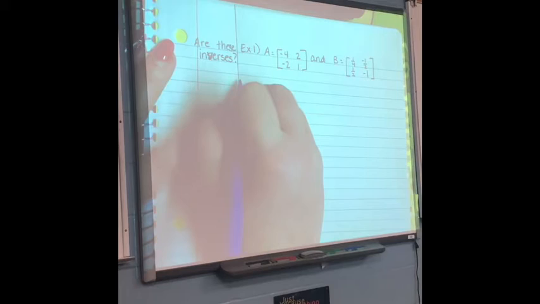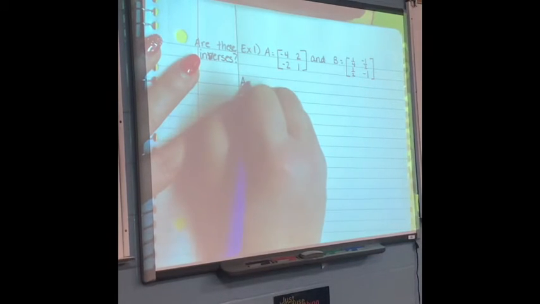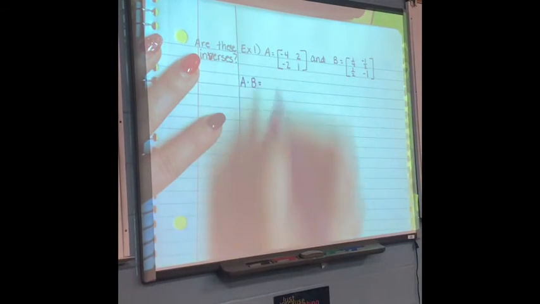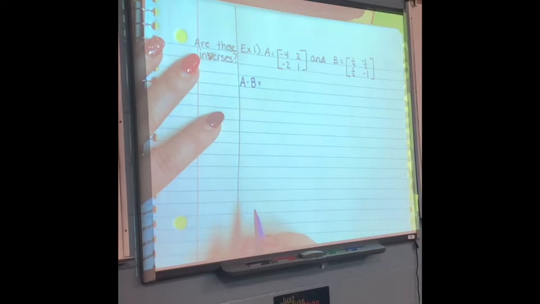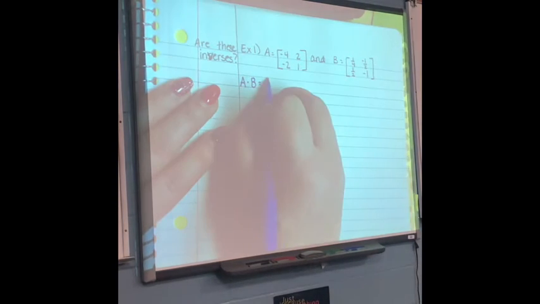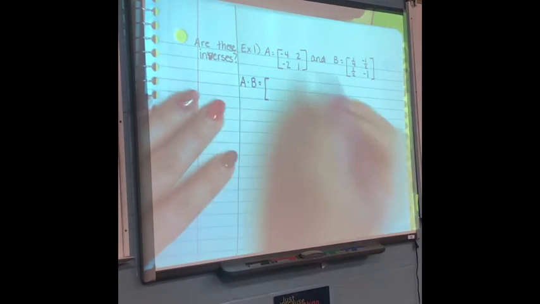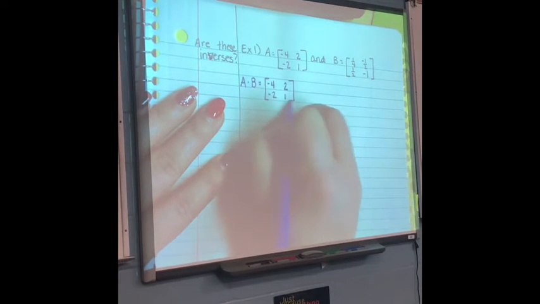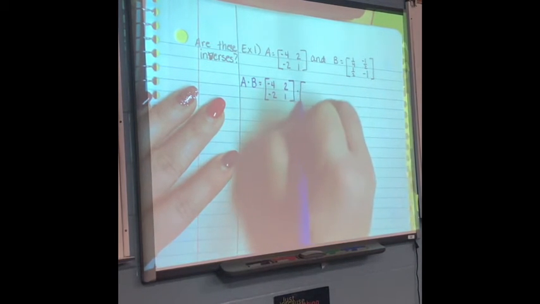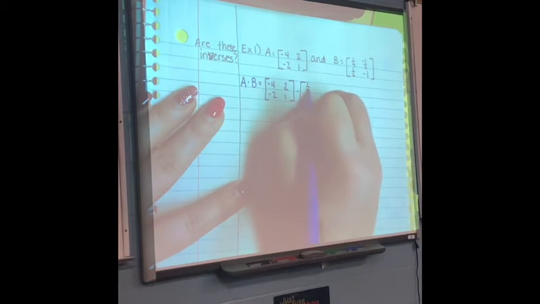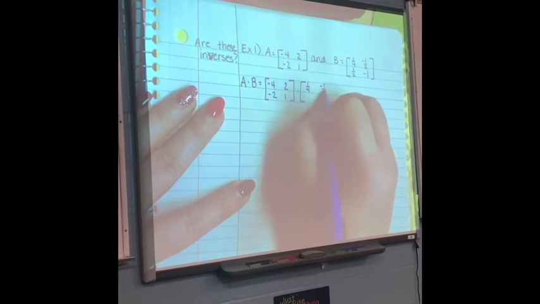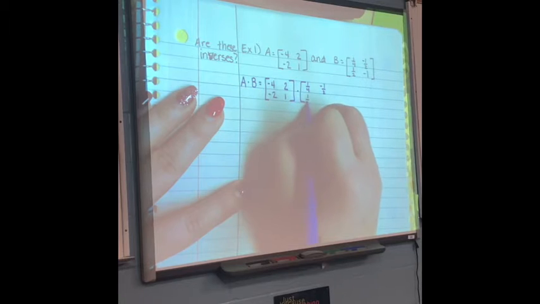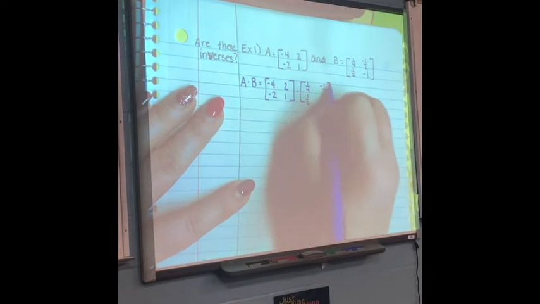So I'm going to multiply A times B to see if it results in the identity matrix. Everybody with me? So I'm going to take A, which is -4, 2, -2, and 1, and multiply that by 1/4, -1/2, 1/2, and -1.